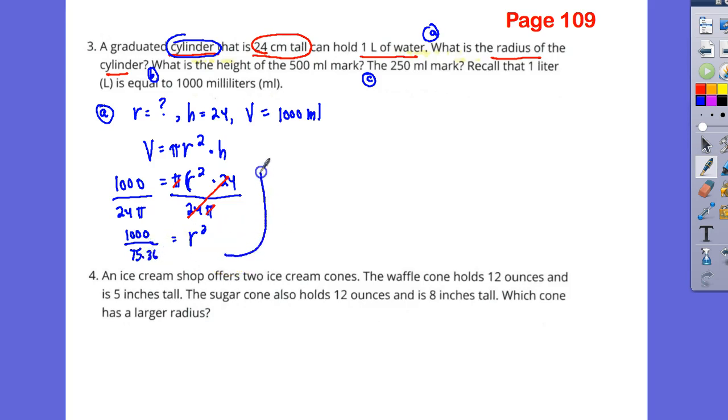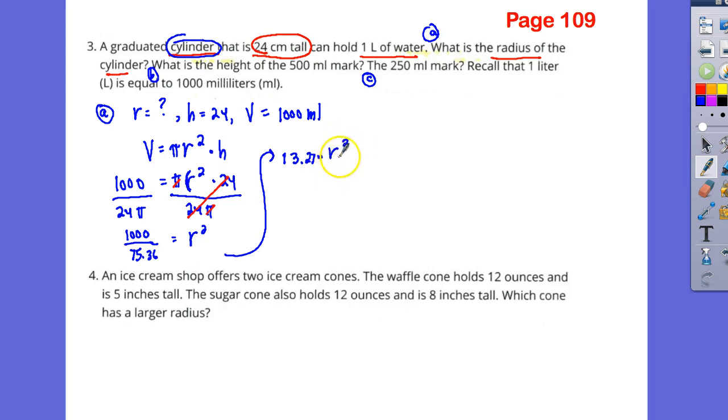So I'm going to continue over here. So now I'm going to have r squared is equal to 1000 divided by 75.36, and you will get approximately 13.27.